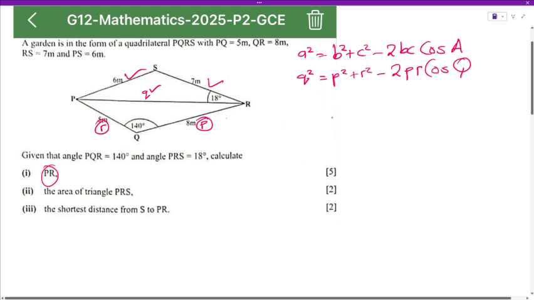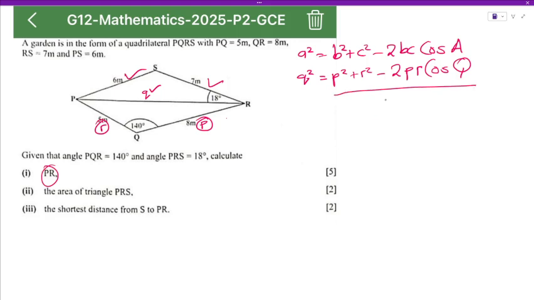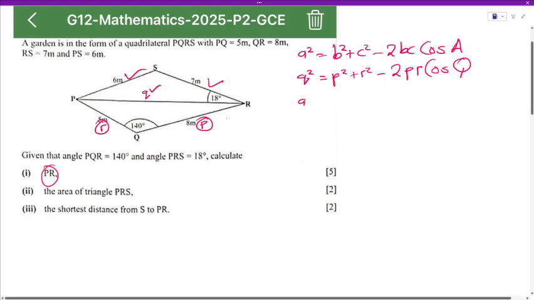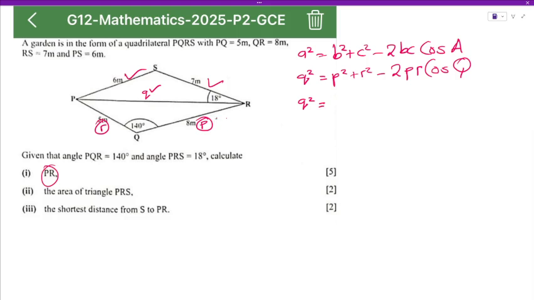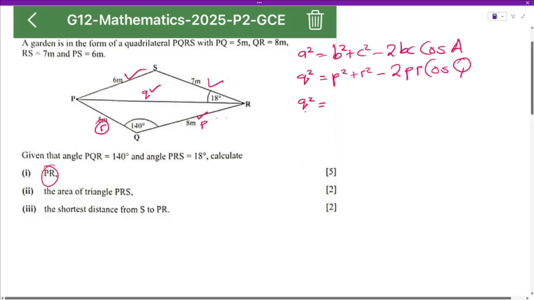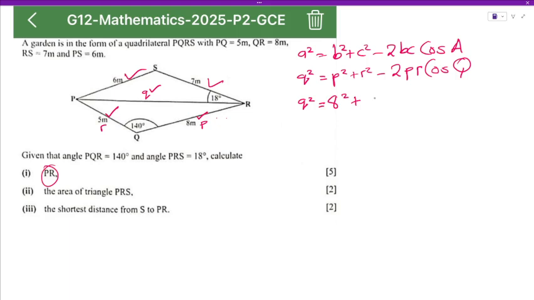All right, so you already have all these other values. You're now going to say q squared is equal to, what is the value for p? p is right here represented by an 8, so 8 squared plus, what is r? r is right here represented by a 5, so 5 squared minus 2 open brackets, p is 8, r is 5, close.